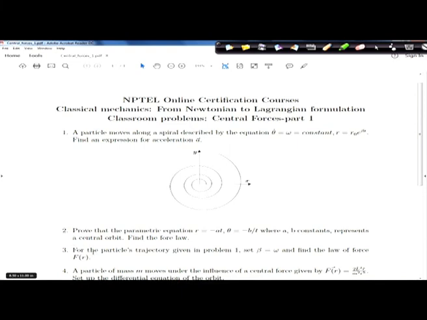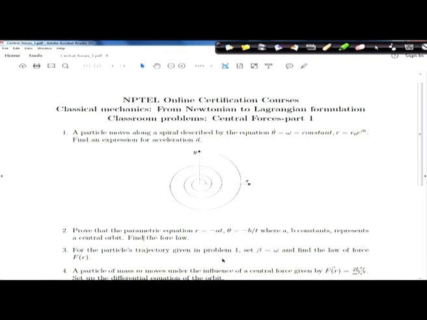So, the next problem is also related to the first problem, which says for the particle's trajectory given in problem 1, which is the first problem here, the spiral, set beta equal to omega and find the law of force. Okay. Now, this is also easy.